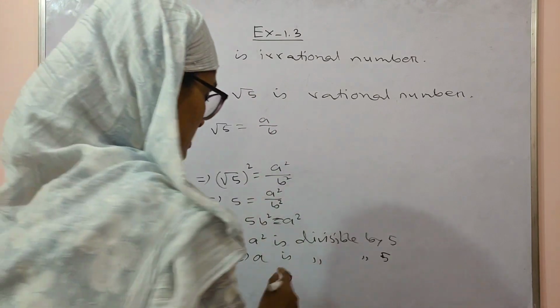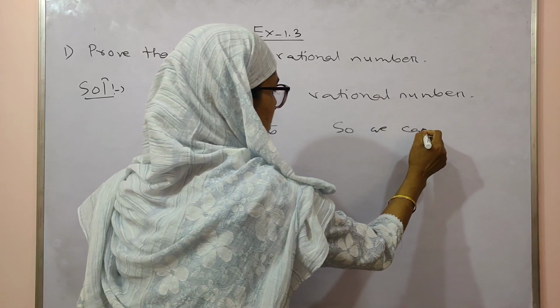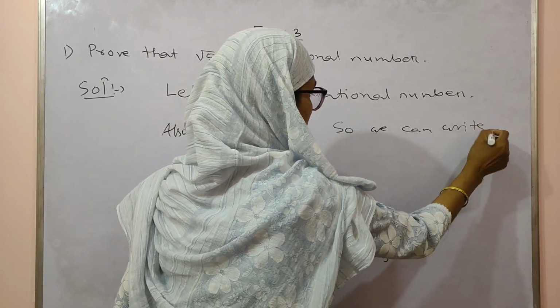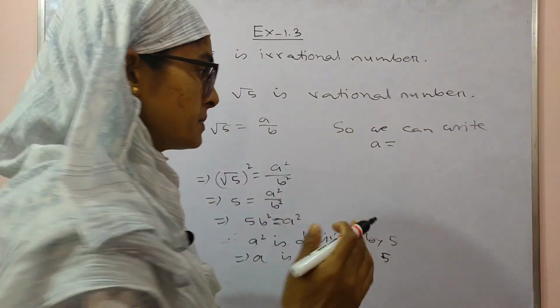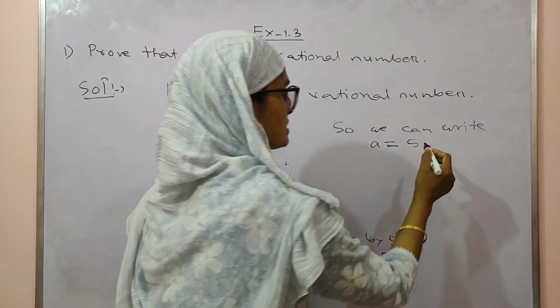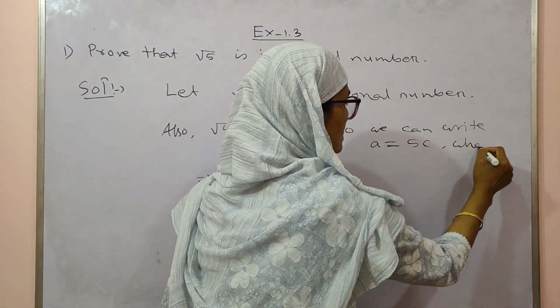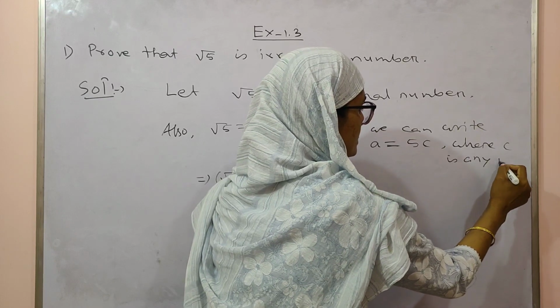So, we can write a is divisible by 5. That means you can write a equals 5 into any integer, say c, where c is any integer.